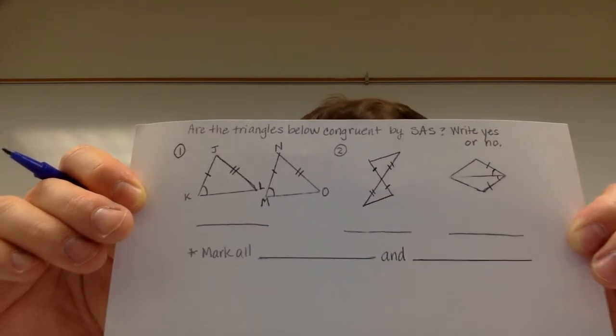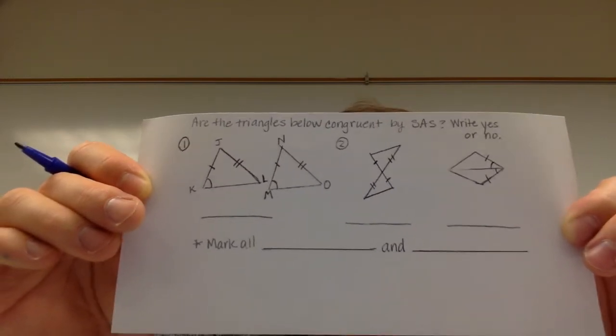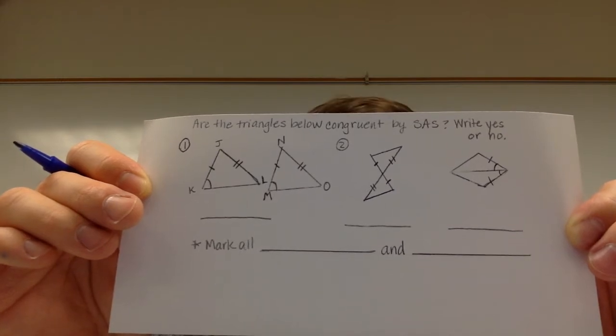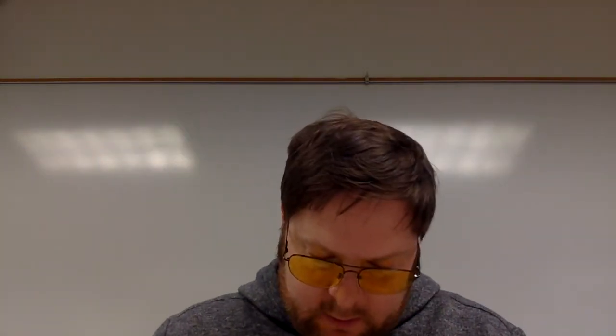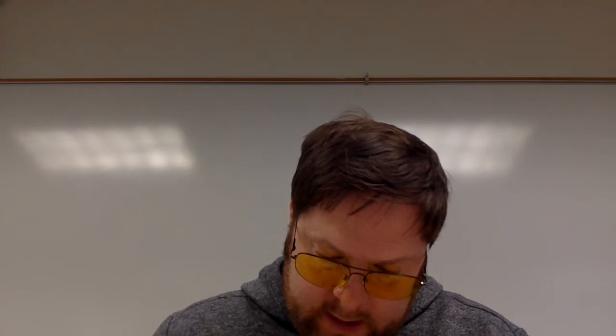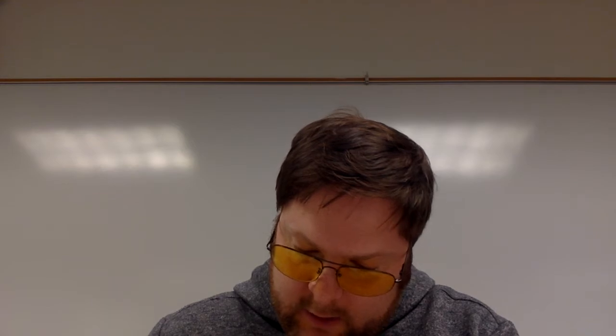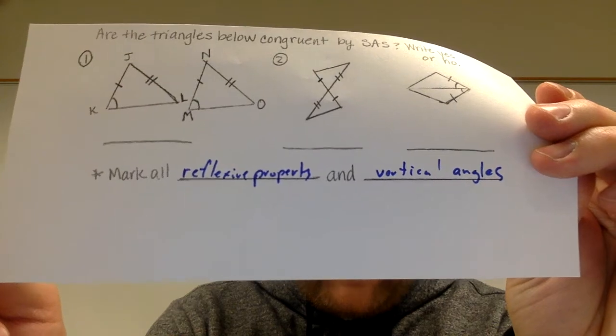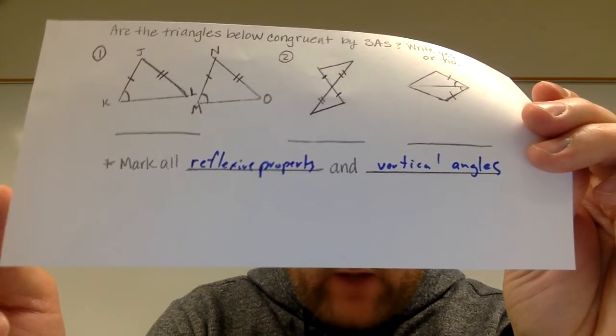So go ahead and mark on 1, 2, or the third one any of those properties, the reflexive property and vertical angles. Go ahead and find those on any of the triangle pairs you see above.